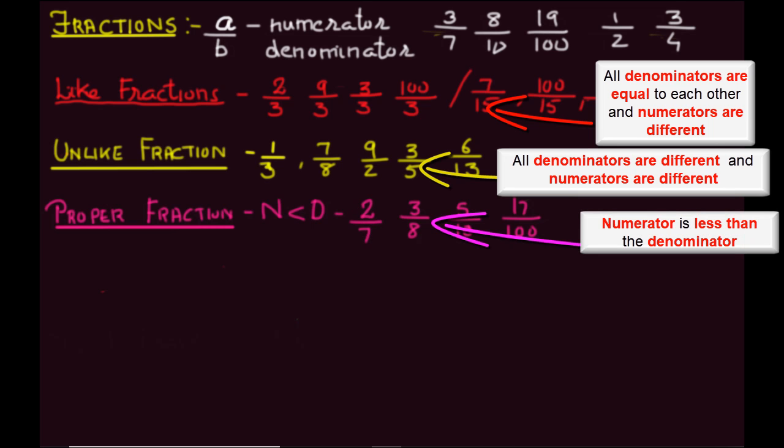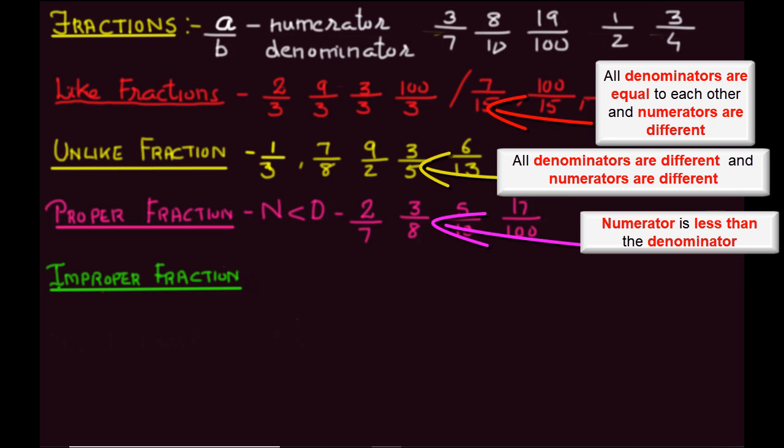The next kind of fraction is called the improper fraction. The opposite of proper is the improper fraction. So I'm sure you know what could be the improper fraction. In the case of improper fraction, it's going to be the opposite of the proper fraction.